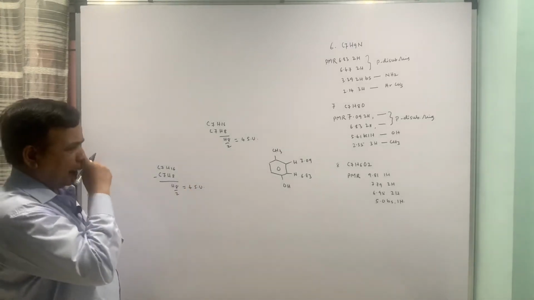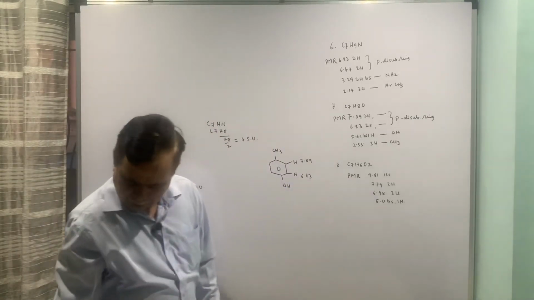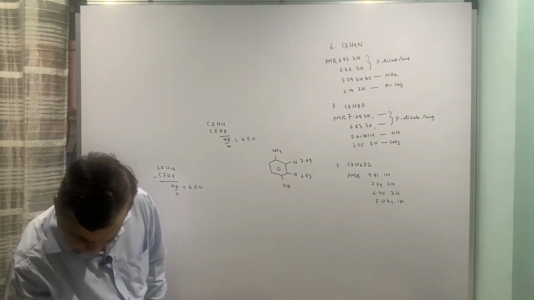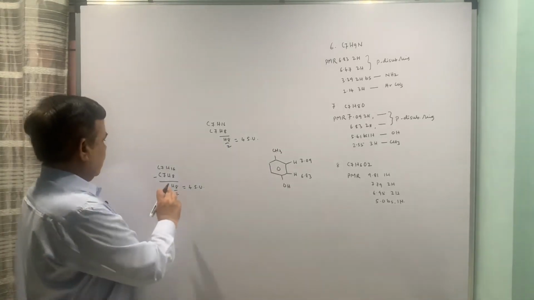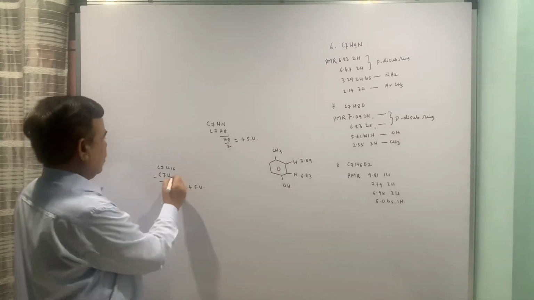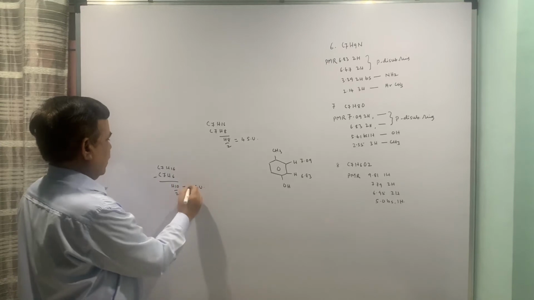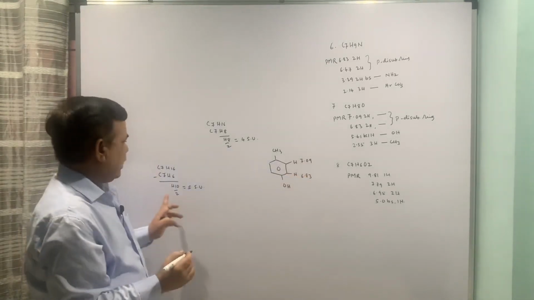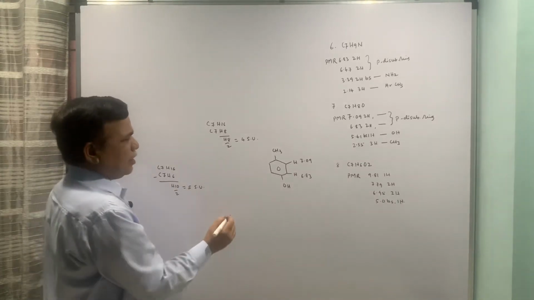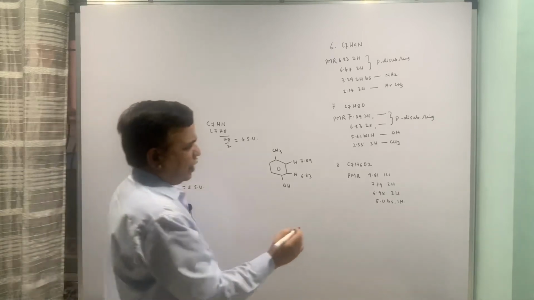Now 4 degrees of unsaturation, so an aromatic ring you can think of C7H6, sorry, H6, not 8, because 8 is the upper example, C7H6. So 5 degrees of unsaturation. So besides the aromatic ring, one more site you can think of.